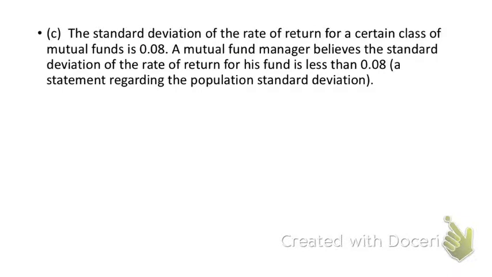Okay, C. The standard deviation of the rate of return for a certain class of mutual funds is 0.08. A mutual fund manager believes that the rate of return is less than 0.08. So, I've got less, and then I've got 0.08. My null, it's talking about standard deviation, so what's my symbol? The little o is called sigma. Sigma equals 0.08.